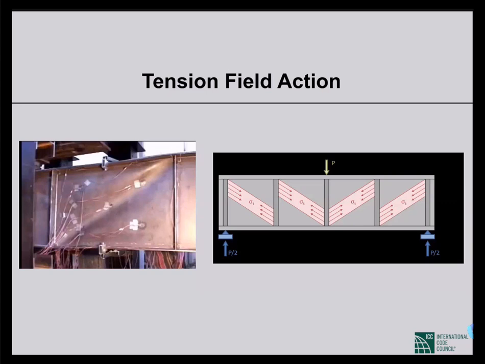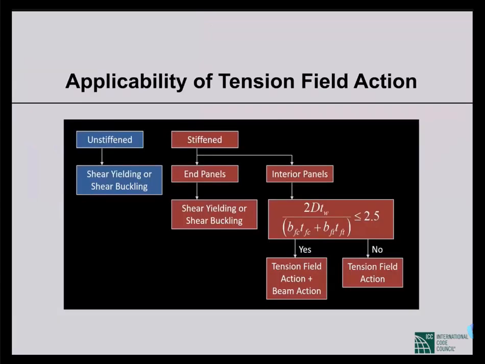So we can consider this tension field action, and that will give us a more accurate estimation of the capacity. Now, when can we consider this tension field action for unstiffened? Here, this is not about element.